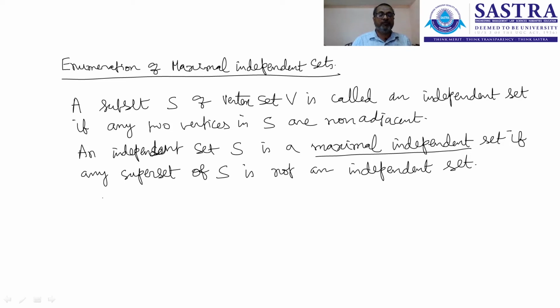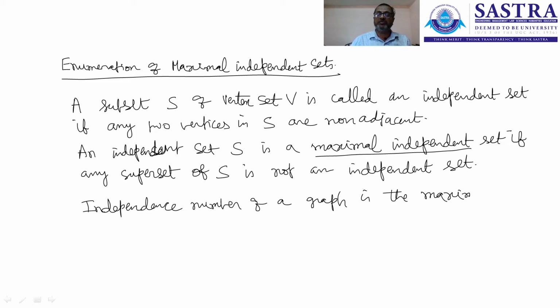This maximal is different from maximum. The independence number would be the maximum cardinality of a maximal independent set. Let me also write this down. The independence number of a graph is the maximum cardinality of a maximal independent set.